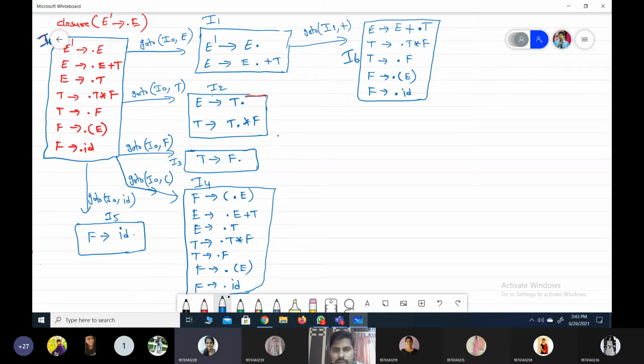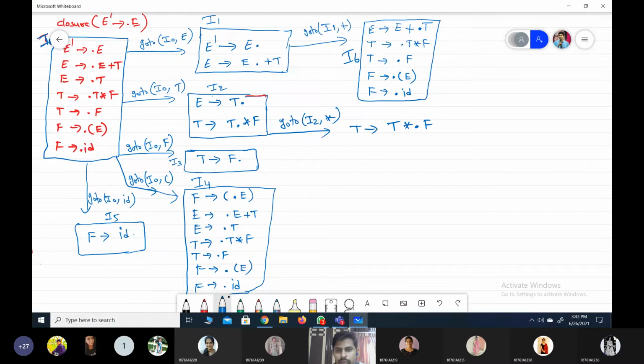In I2, the first production already has the dot ended, so don't worry. Now you have to cross check with the second production, that is nothing but star. Simply goto of I2 on star, you have to apply. If you apply star on I2, the production is T tends to T star dot F. Is it okay?